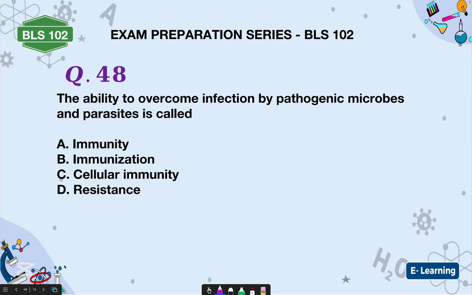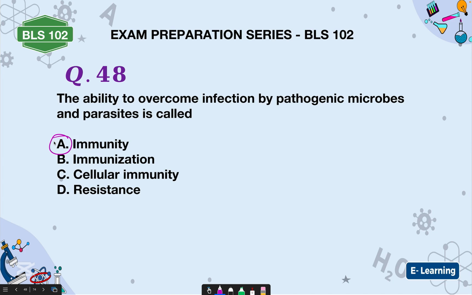The ability to overcome infection by pathogenic microbes and parasites is called immunity. Now, some of you are immune to certain diseases, and no matter what, even if everybody around you catches it, it doesn't affect you.